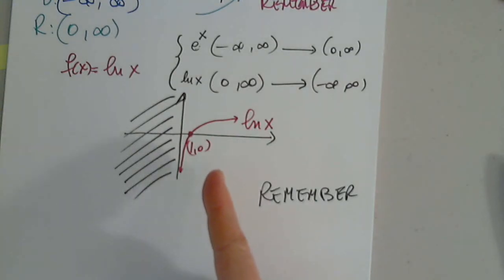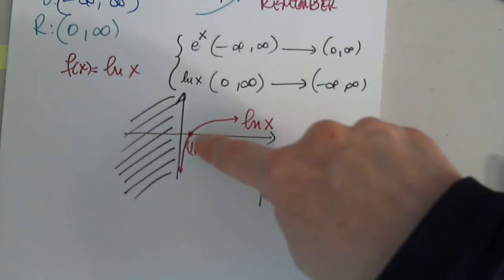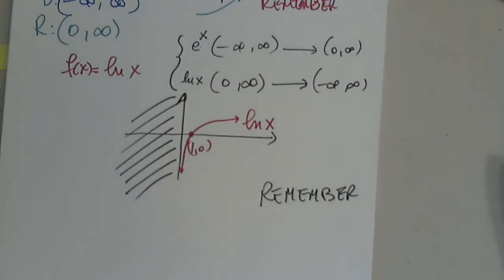Okay, and now the question is, Leo, when x approaches infinity, where does natural log go? Leo, are you there? Hi, I'm right here. Good. When x approaches infinity, it goes to infinity, doesn't it? Exactly.